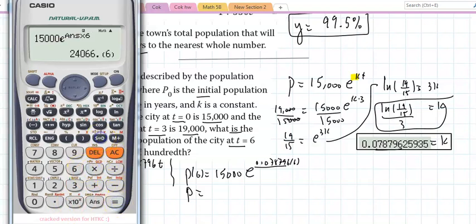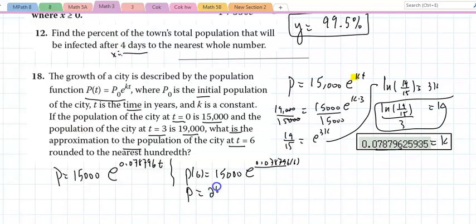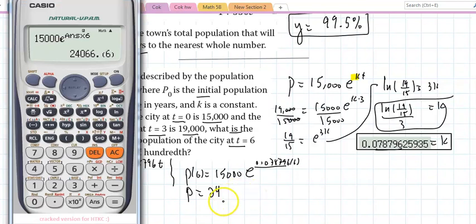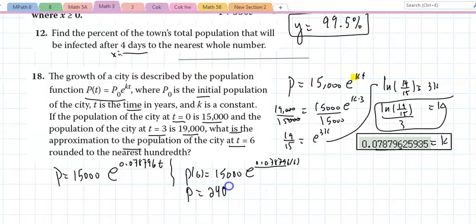And I'm getting a total of, to the nearest person, because this is population, 24,066.6666. So we say 24,067.